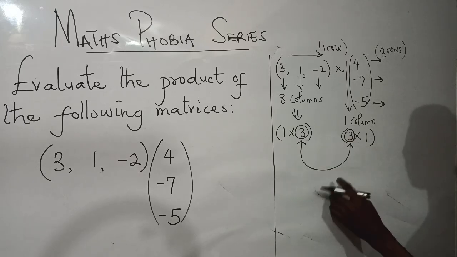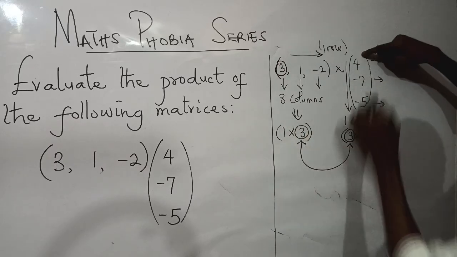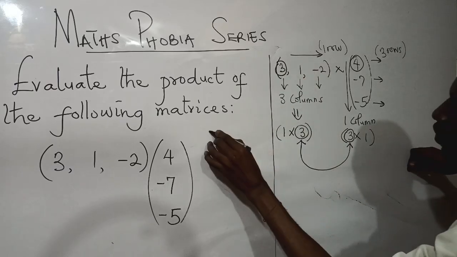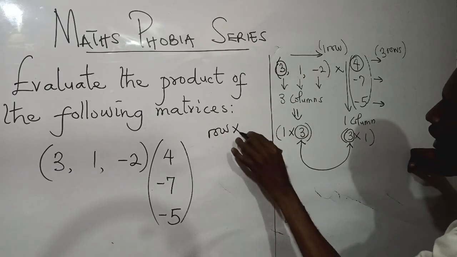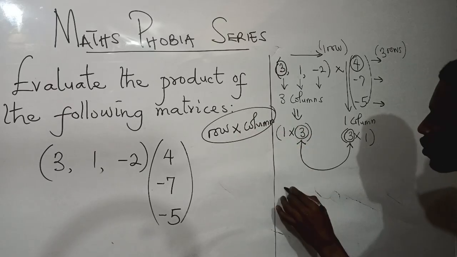So what do I mean? Let's start. So what's the first value here? We have 3. So that will be 3 times the first one here. So we're multiplying row times column. Row times column. That's the principle. So let's go.